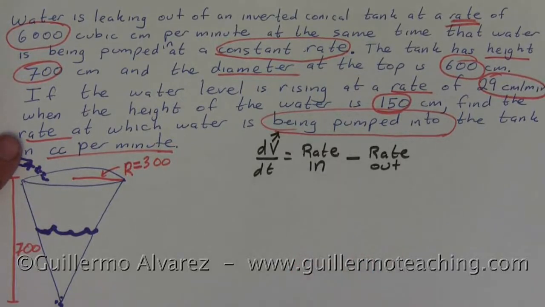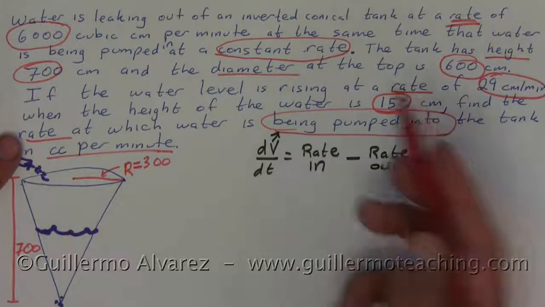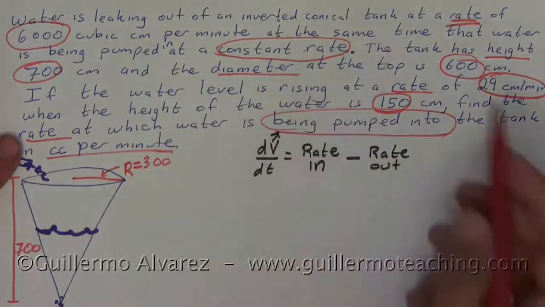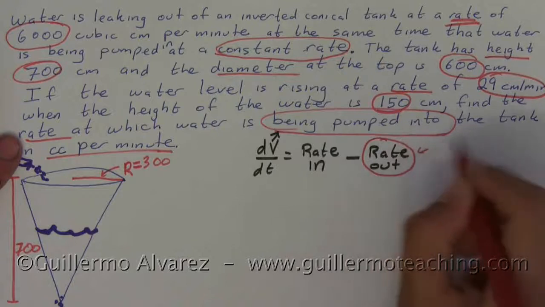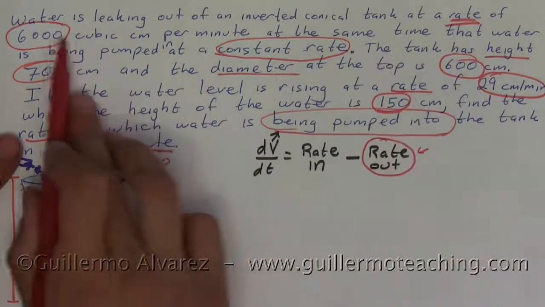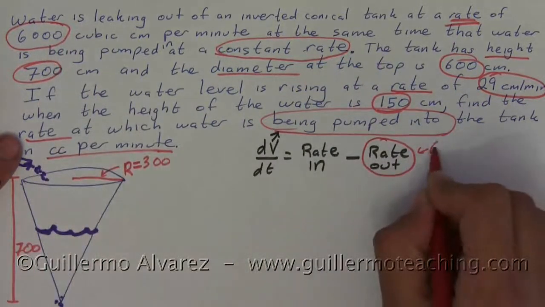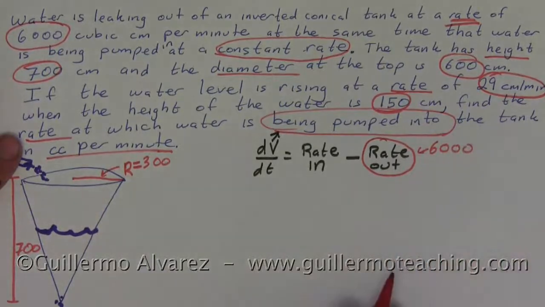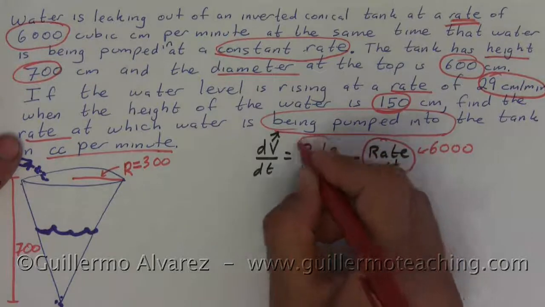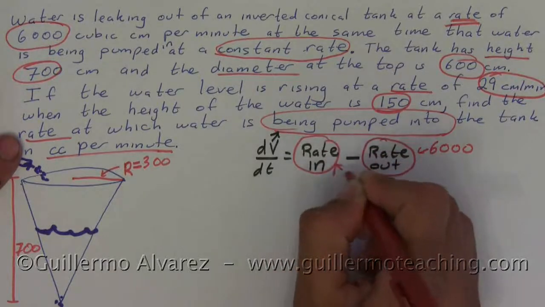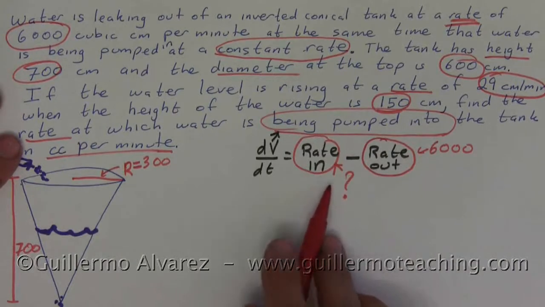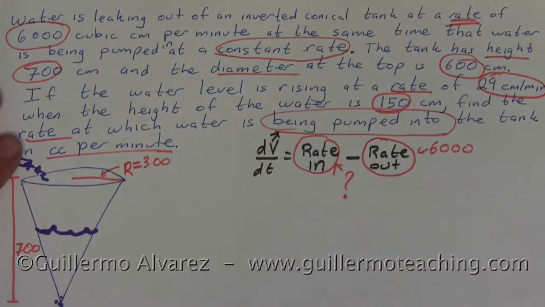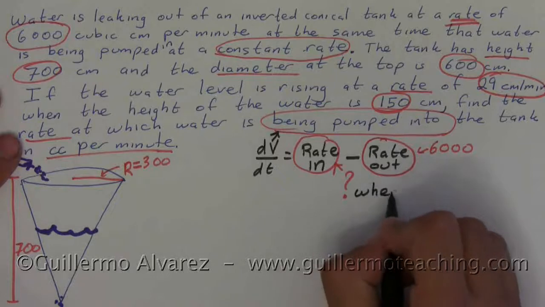And we know the rate at which it's going out, it's telling us right here, it's 6,000 cubic centimeters. And the rate at which it's going in is what we're looking for, at a particular point in time.